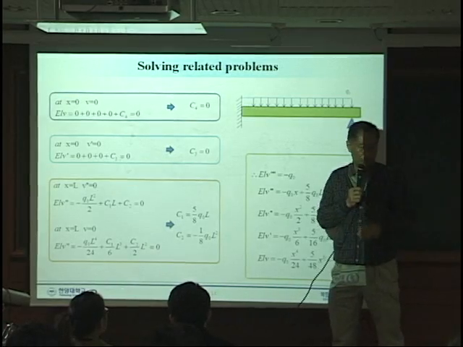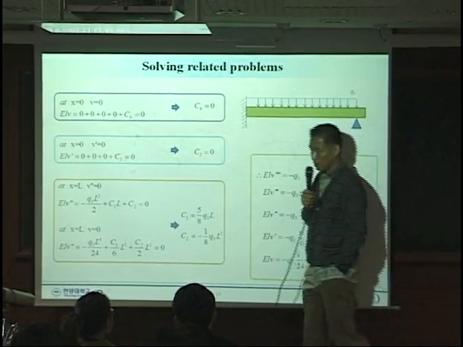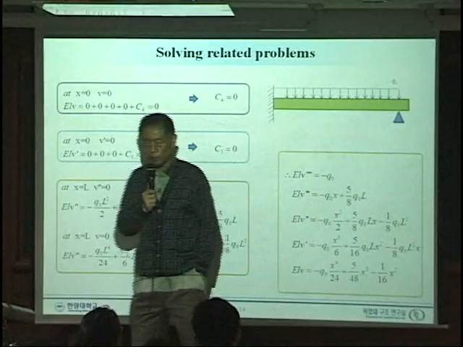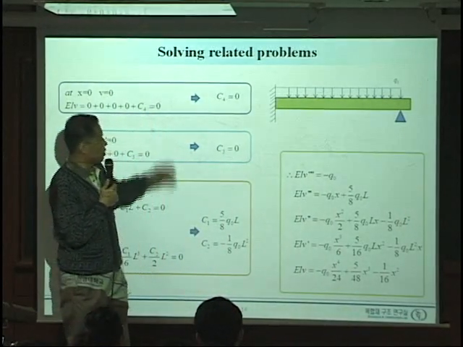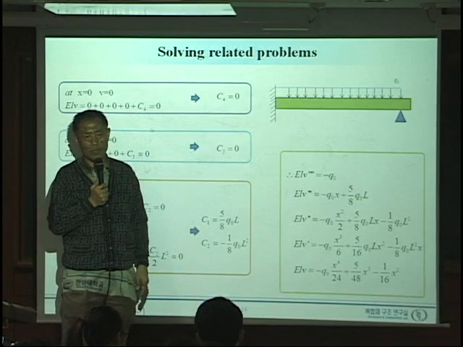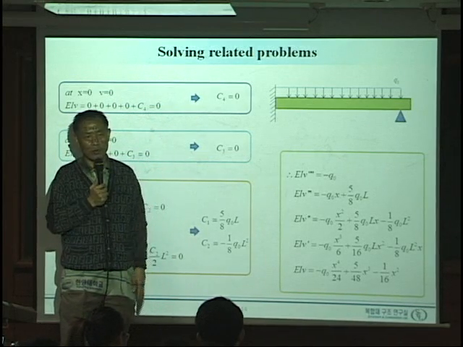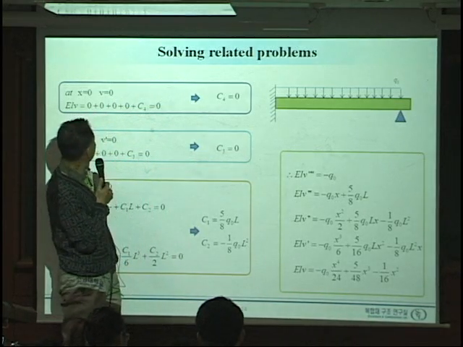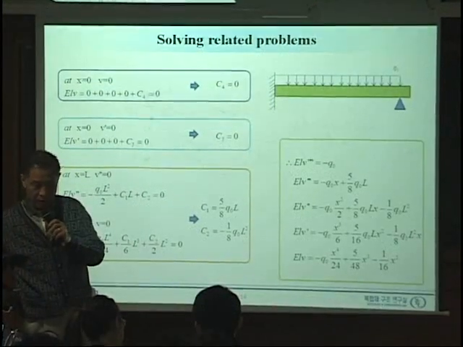And as I described, the first equation you need to start with is the governing equation. You have to write down EI v double prime derivative equals q.